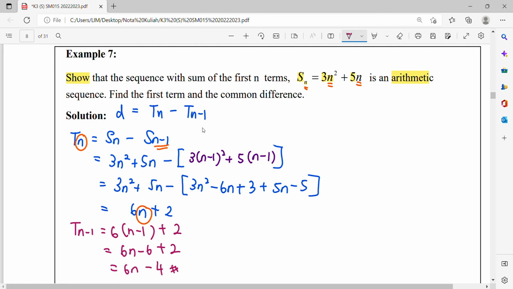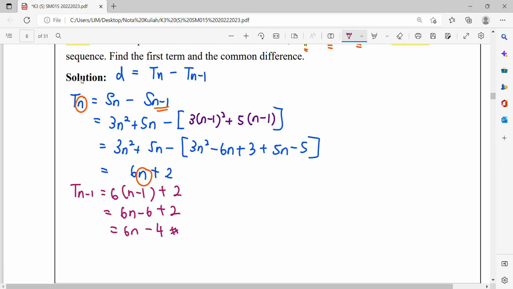So we take the nth term minus the term before it, and see whether we get a common difference. We don't write the d first because we want to show that it has a d. The next step is taking the term minus the term before it, to see whether you can get a constant. That constant will be the common difference.